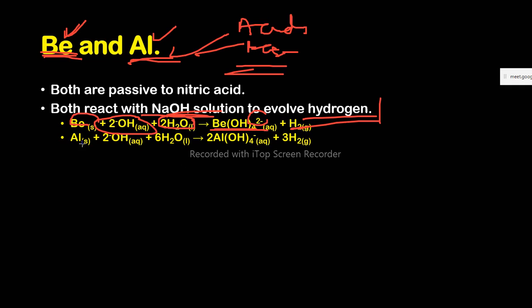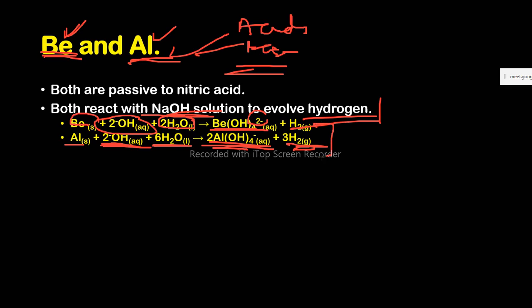Yes. Also aluminium reacting with sodium hydroxide, in presence of water, you form a complex which is tetrahydroxo aluminate 3 ions, and the hydrogen gas is going to be evolved.